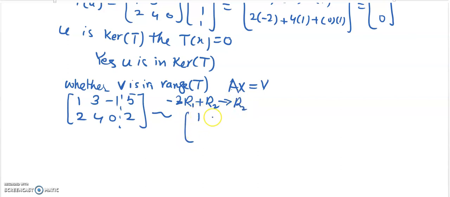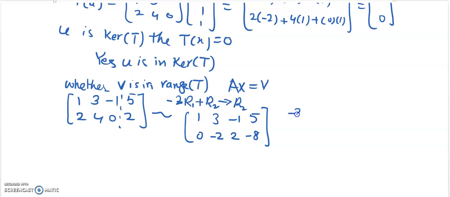So in this case 1 3 minus 1 5, and then 2 minus 2 will be 0, 4 minus 6 is minus 2, and 0 plus 2 is 2, 2 minus 10 is minus 8. And now this is in the echelon form.